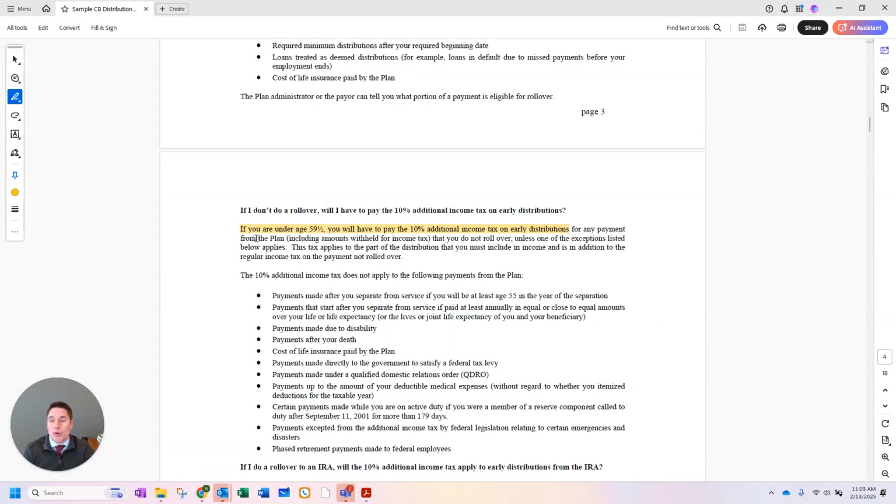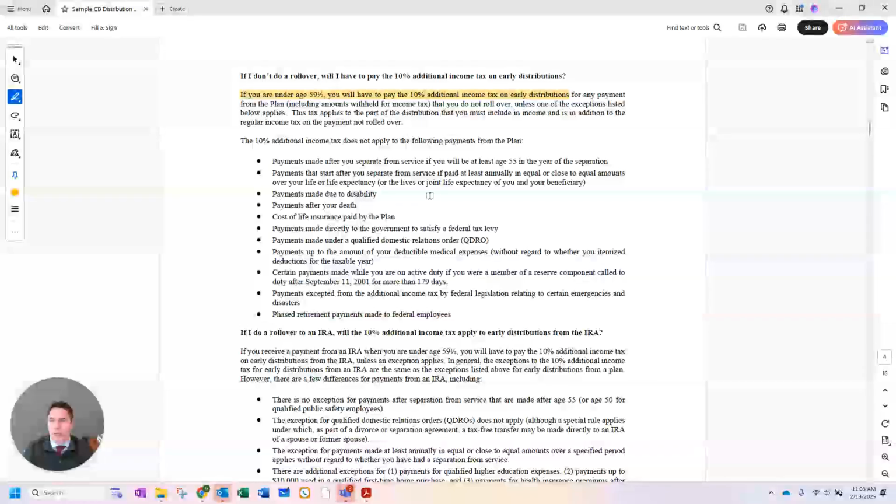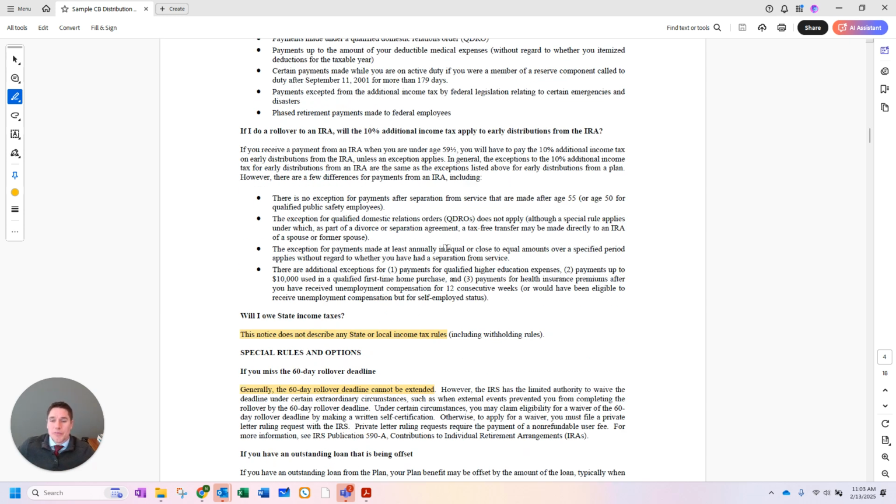Let's see, going on. If you're under the age of 59 and a half and you take the money home to spend it, you will pay the taxes plus an additional 10% income tax on any early distributions. So another reason we want to avoid that. And so by rolling it into the plan, you avoid the taxes right now and you avoid this 10% penalty.